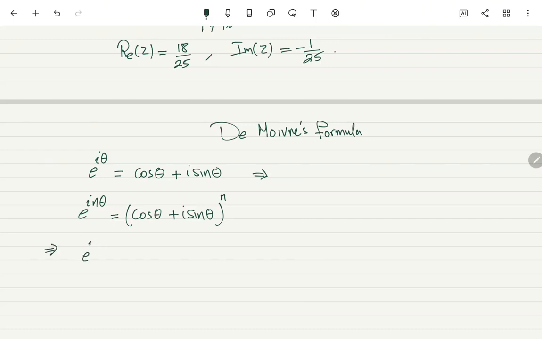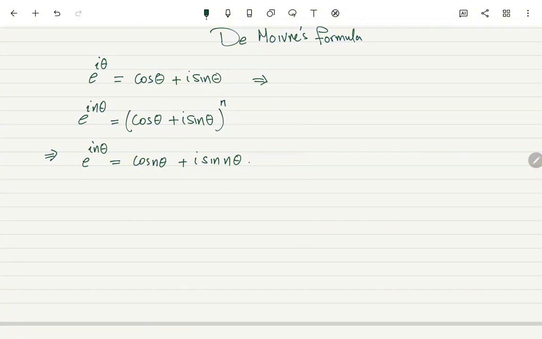But e to the i n theta is actually equal to cosine, rather than using theta, we should use n theta. So I replace theta by n theta here, plus i sine n theta.